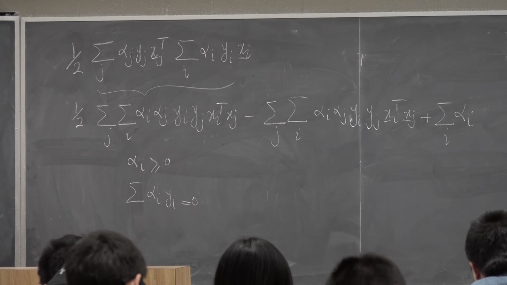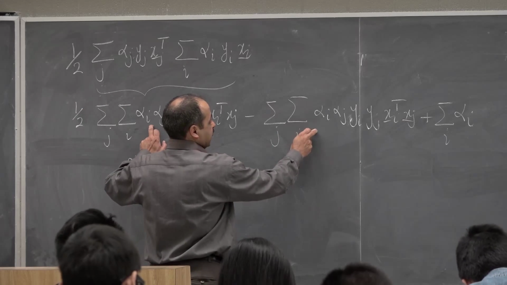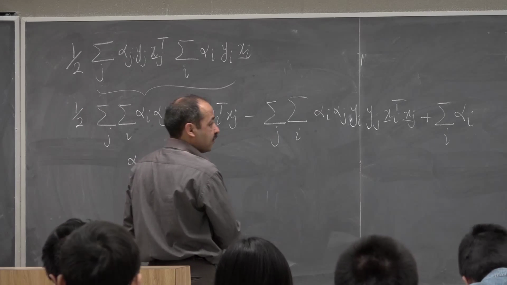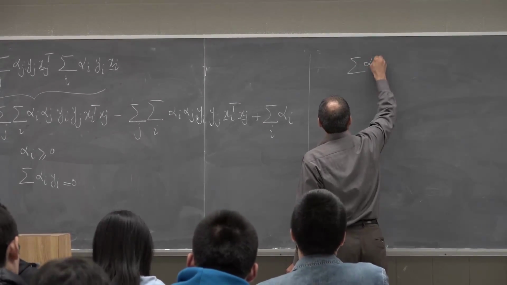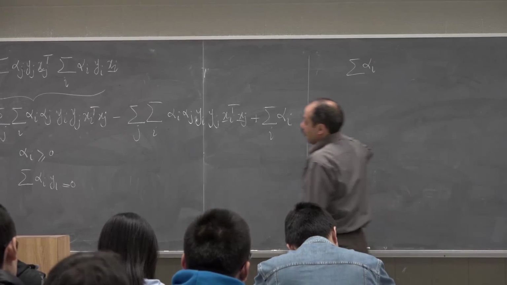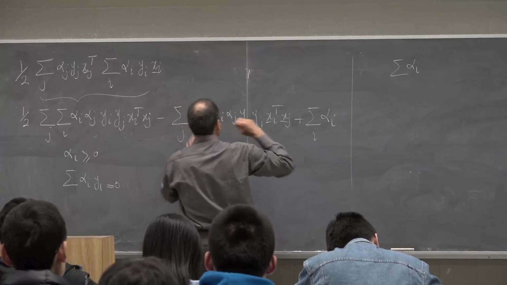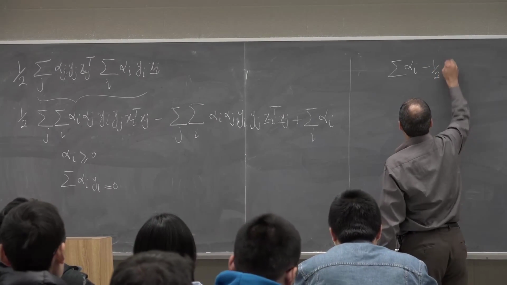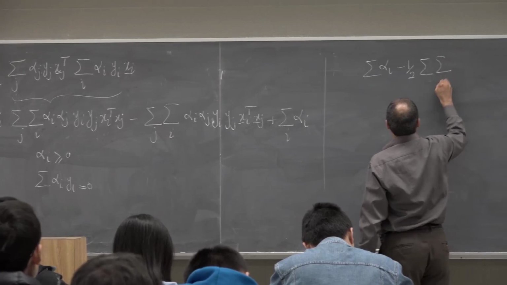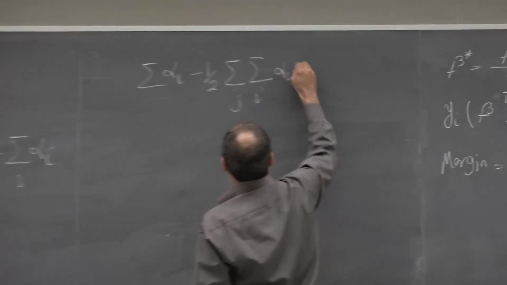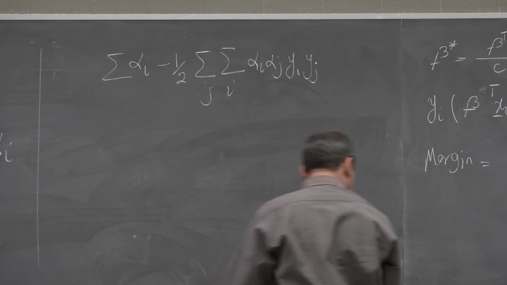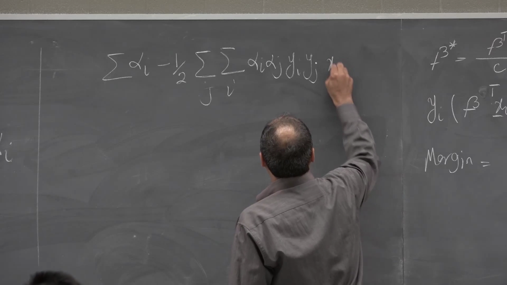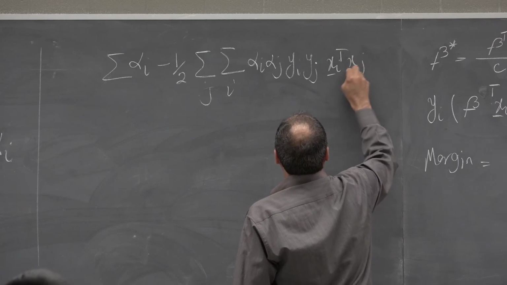We have to make sure about it. So these terms I can simplify. I can write everything as the summation of alpha i, and I have 1/2 of this term minus the term, so it's going to be negative 1/2 times the sum of alpha i, alpha j, yi, yj, xi transpose xj.